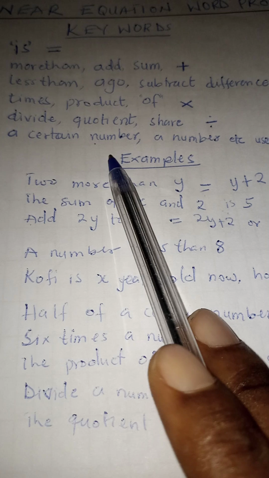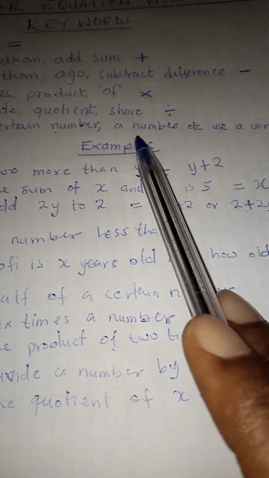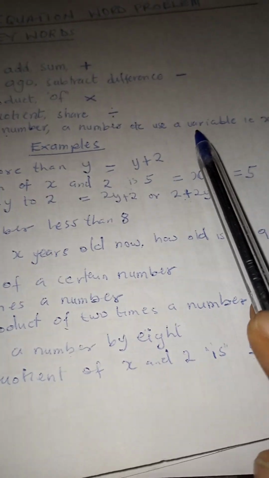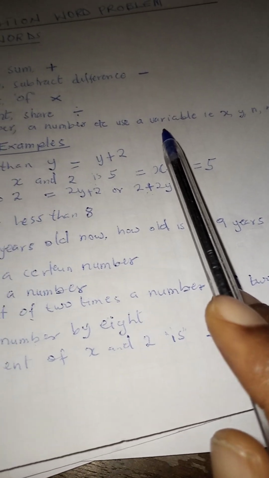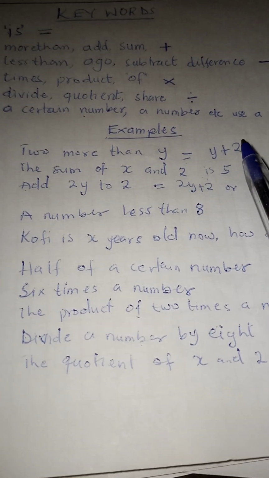A certain number means you don't know the number. A certain number is a number, etc. Use a variable, right? It can be x, y, m, n, and any symbol or alphabet.